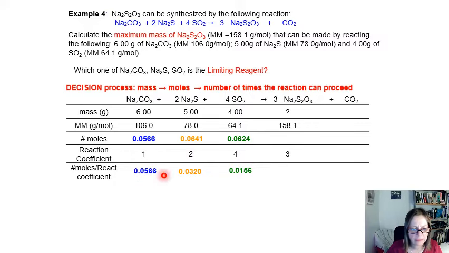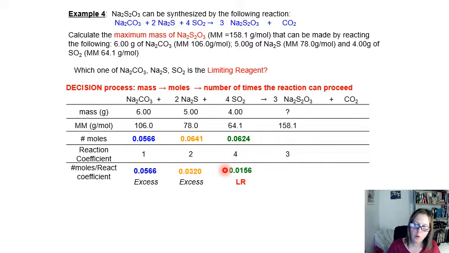So if we look at these numbers now, we see that the smallest number is actually the number given by sulfur dioxide. So this is now our limiting reagent.